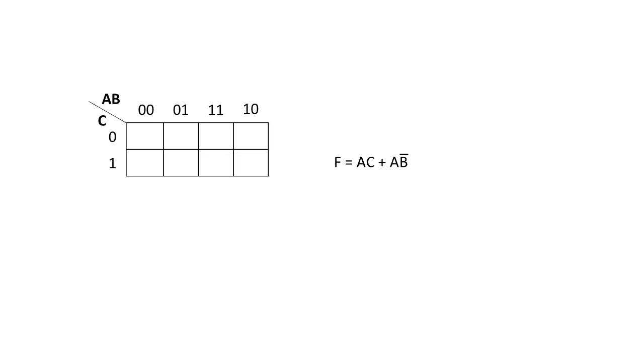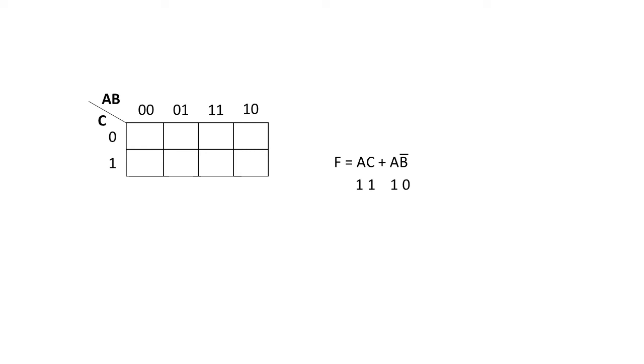AC means A is 1 and C is 1, and A B naught means A is 1, and B has a bar above it, which means not B, so the position of B should be 0. So A B naught means A is 1, B is 0.